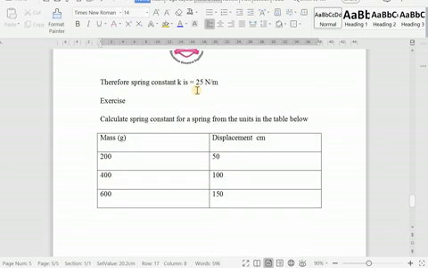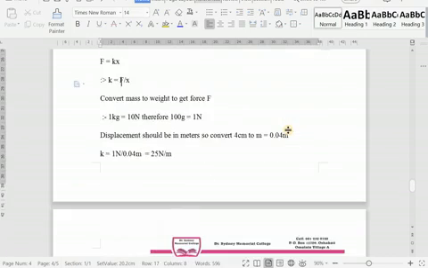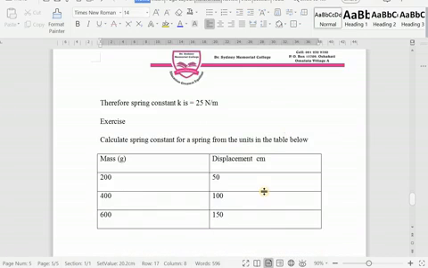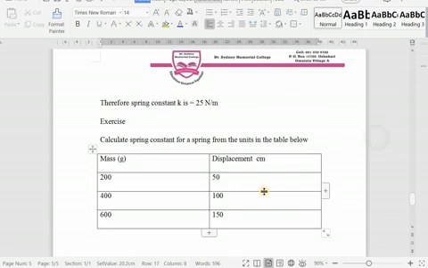So you guys, like I said, you're going to draw the graph for this table, right? You're going to draw the line graph for this table. You are also going to draw the line graph for this table as well, and you are going to calculate the spring constant K for this second spring. This is a different spring, right?